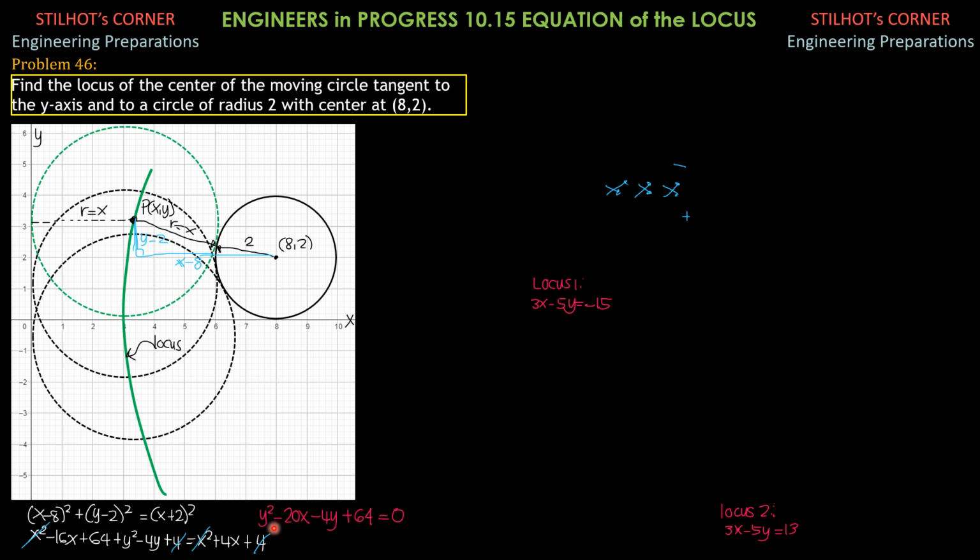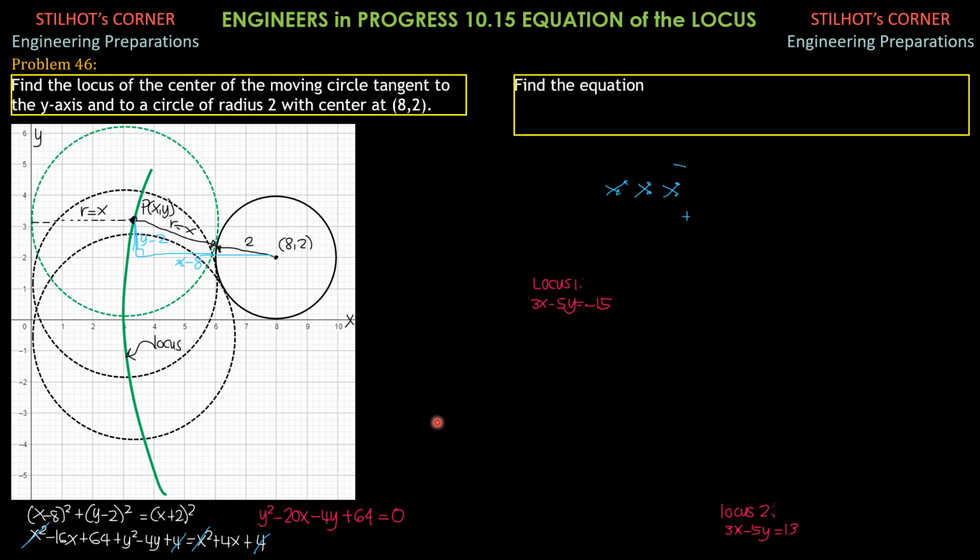If (3, 2) is substituted into this equation, we have 2 squared, which is 4, minus 20 times 3, so negative 60, minus 4 times 2, negative 8, so 4 minus 60 minus 8 is negative 64, and negative 64 plus 64 equals 0. So you should be confident that this is the answer.